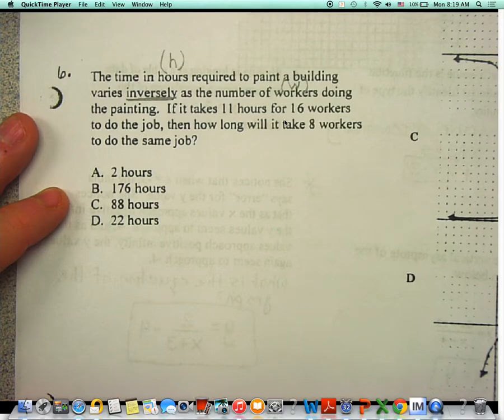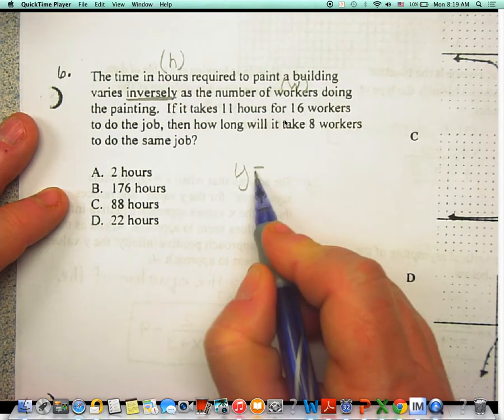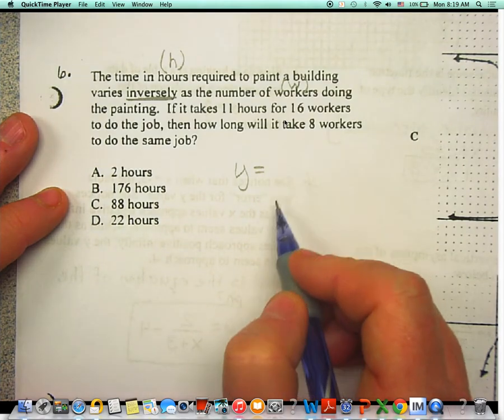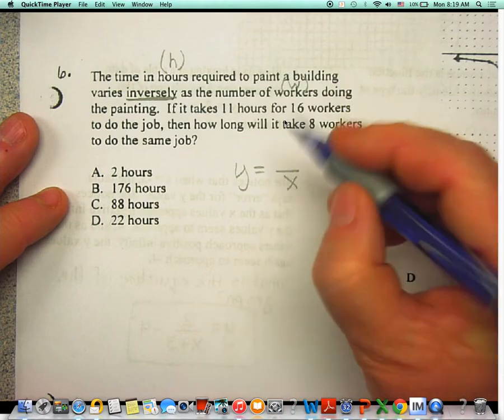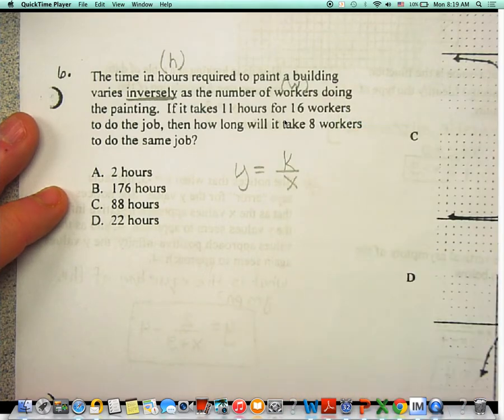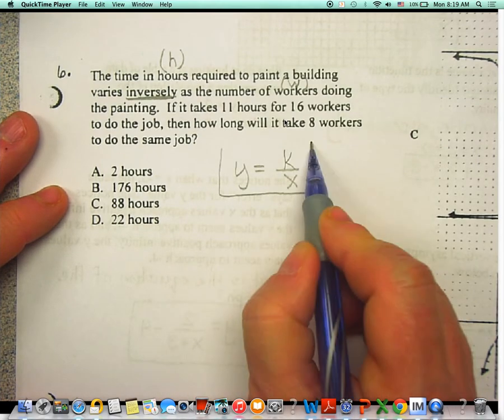Do you remember the equation for inversely? Y equals something over X. Remember K? You're going to need to know this tomorrow.